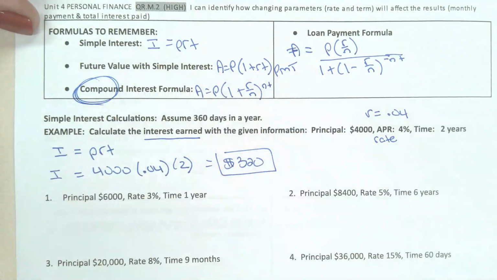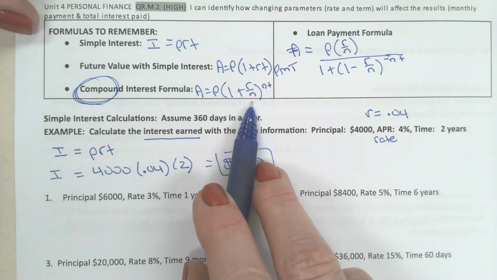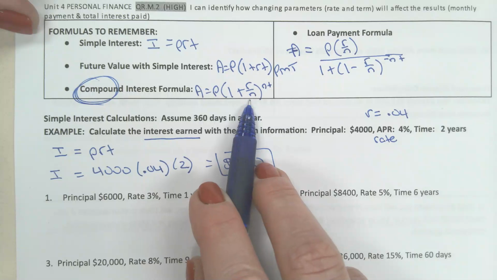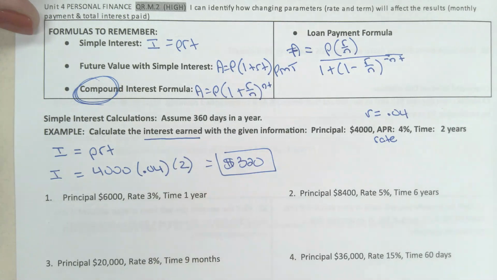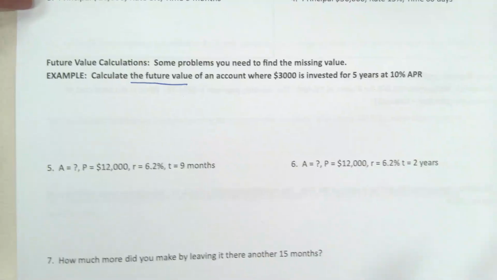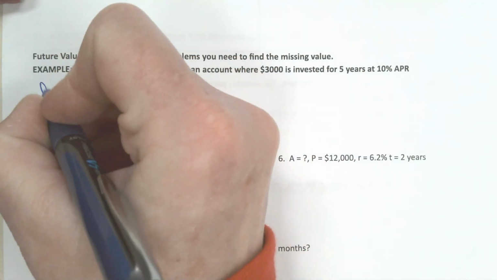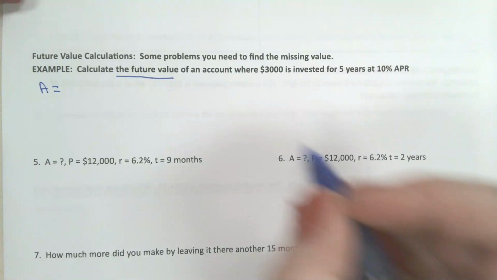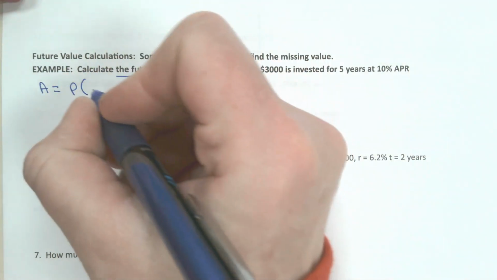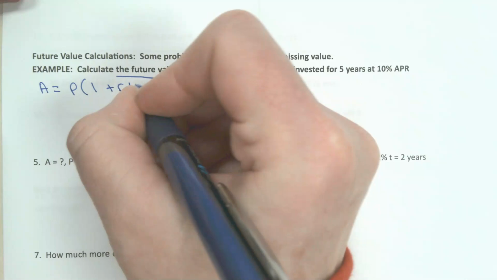When you see the word compound, you're going to use this formula. If you don't see the word compound, then you're going to use this one. The word compound is not in here, so I'm using A equals P, parenthesis, 1 plus RT.